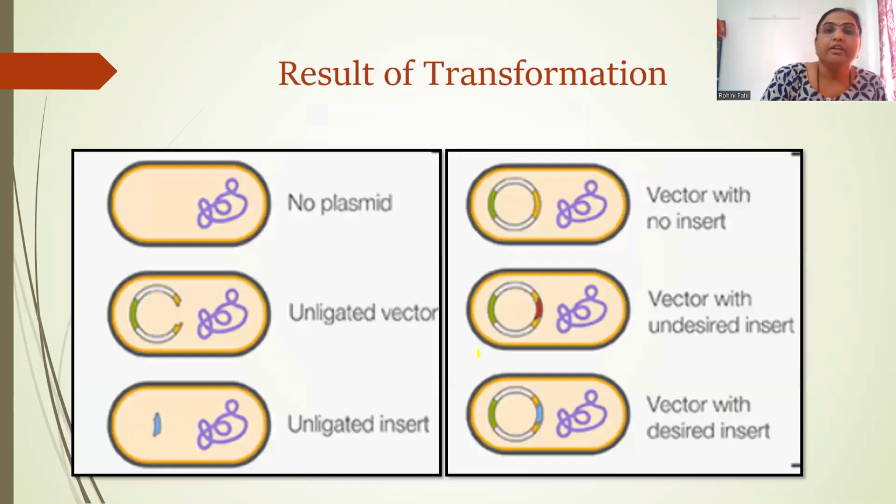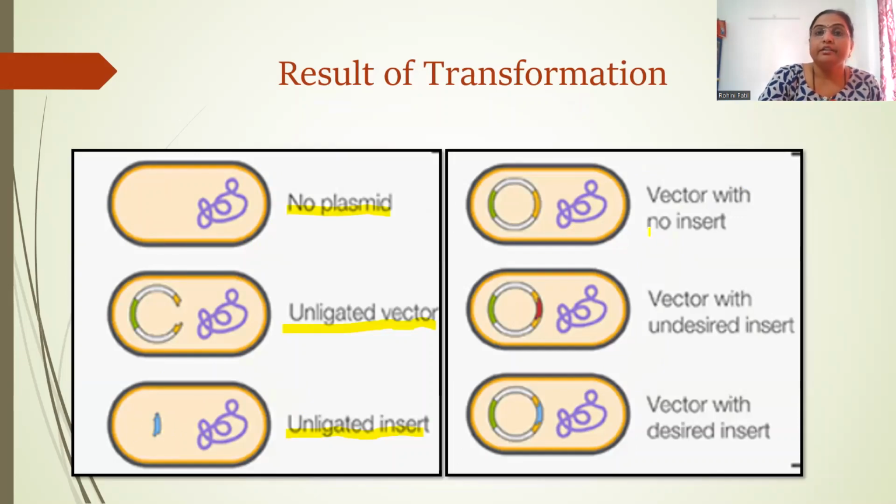Now after transformation, what you observe is that you got bacterial cells with no plasmid. There is no transformation in some of the bacterial cells. Some of the bacterial cells will get the unligated vector. Some will have the unligated insert molecule that has been transformed into the E. coli cells.